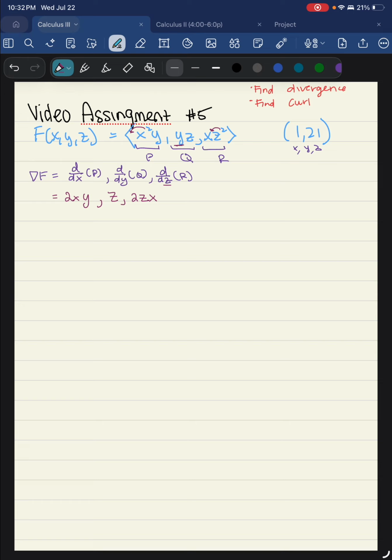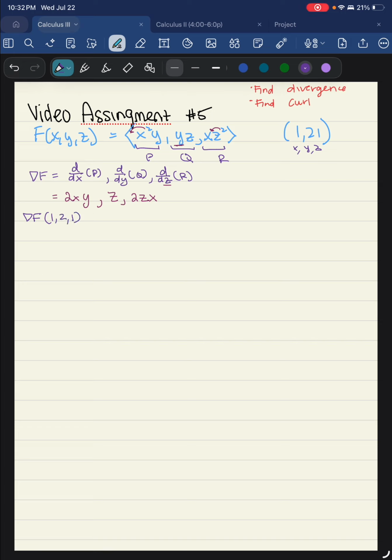Now we're going to do our function of our points, because to find the divergence, we need to plug in our points.